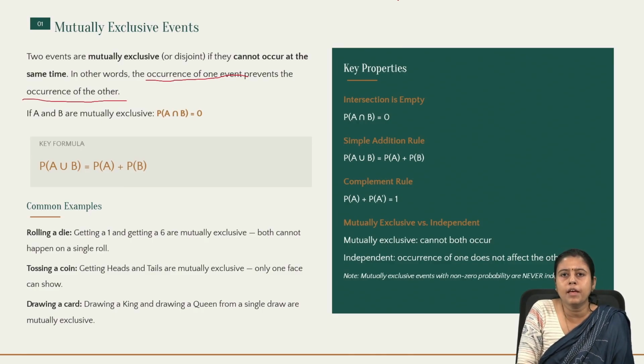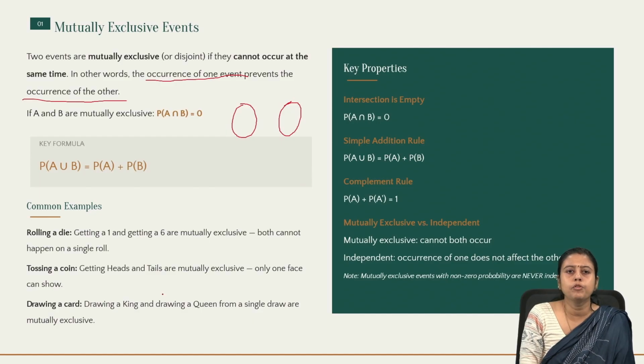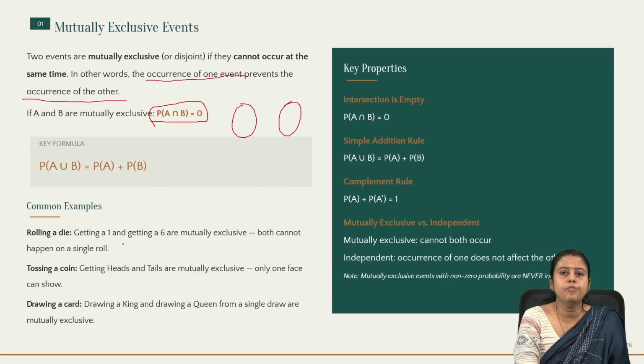In other words, the occurrence of one event doesn't depend on the occurrence of the other. So if this is one case and this is another case, A and B being mutually exclusive means there is no intersection point. So P of A intersection B is always 0, and if we do the addition PA plus PB, these two cases are mutually not dependent.